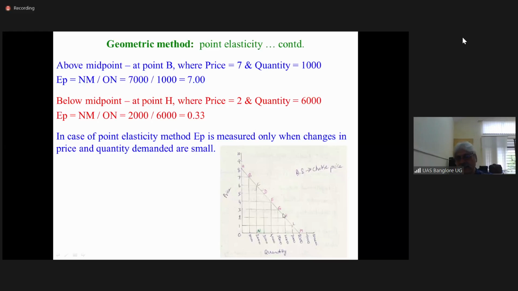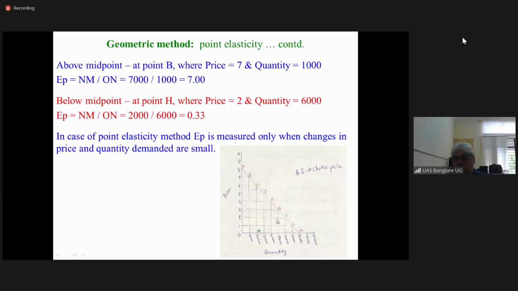You take one point below the midpoint, let us say it is H, where price is 2 rupees and quantity is 6,000. So your N moves here because this is the point. Now NM is 6,000 to 8,000.